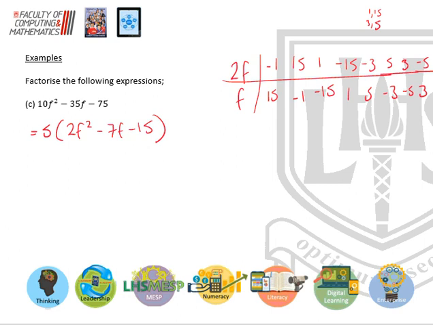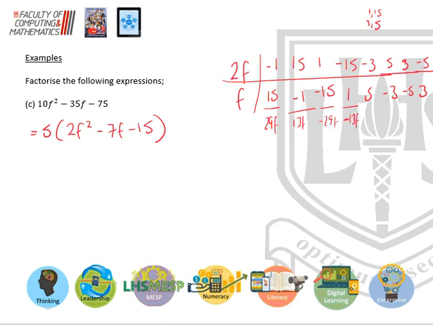2f times 15 is 30, f times minus 1 is 29f. Now after you've laid out your table, you'll be able to knock some out quite quickly. So that's obviously not right. 2f times minus 1 is minus 2f, f times 15 is 15f, that's 13f, no good. That's minus 30 plus 1, that'll be minus 29f, no good. In the same way, that will be minus 13f, which is no good.